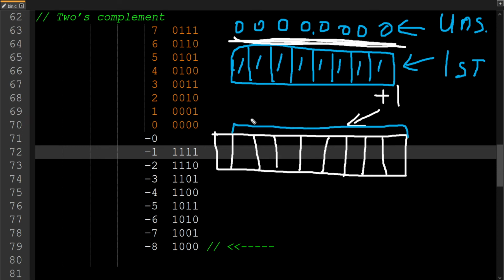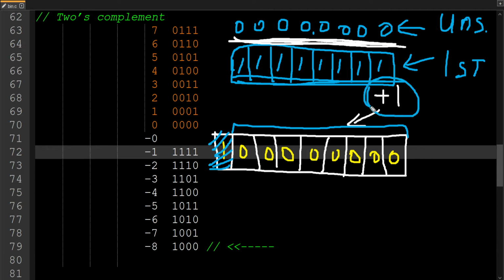If we add +1 to these 8 bits, what would we have? We would have number 1, and here we will have all zeros. So we have a 9-bit character, but we can't store a 9-bit character in 8 bits. So it just goes away. So with this +1, we get a proper 0.